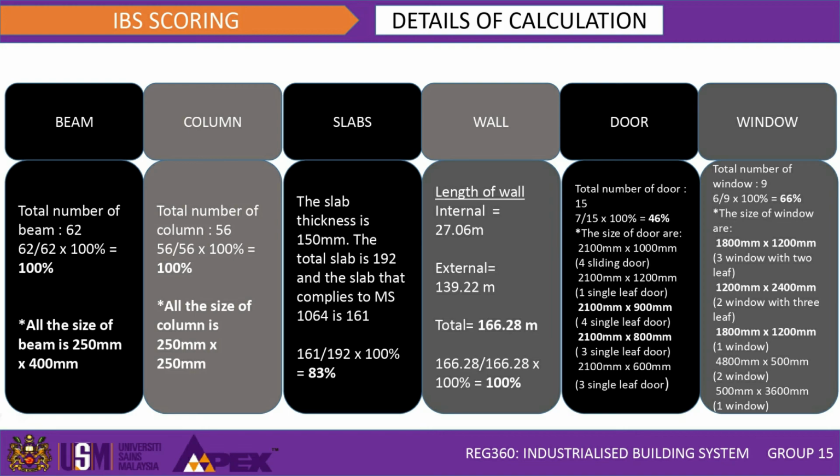And for the slab, the thickness is 150, and the slab that complies to MS 1064 is only 161. For the wall is 100%, and for the door, only 7 doors comply to 1064. And for window, we got 66%.